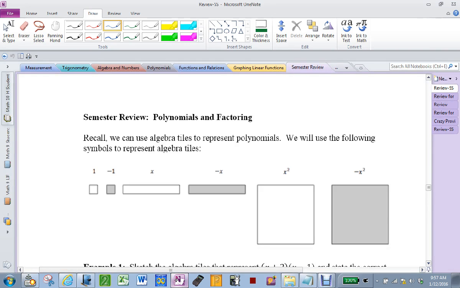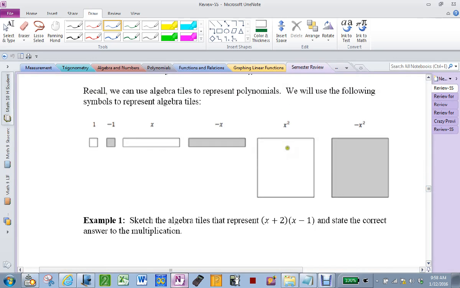So, we are at polynomials and factoring. Grade 9 stuff here. You already know this. There will maybe be one question on the whole provincial about it. Okay? So, if I have 3, I got 3 little boxes. If I got negative 2x, I got to have 2 colored in bars.